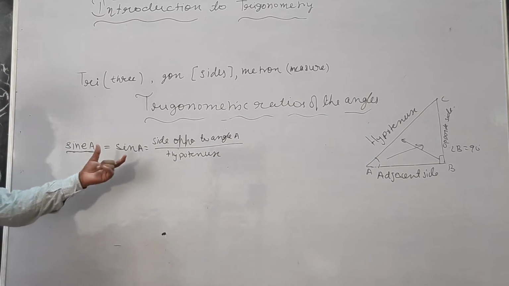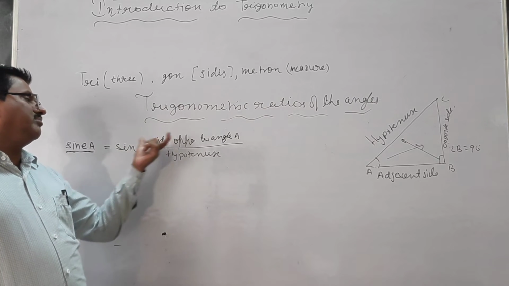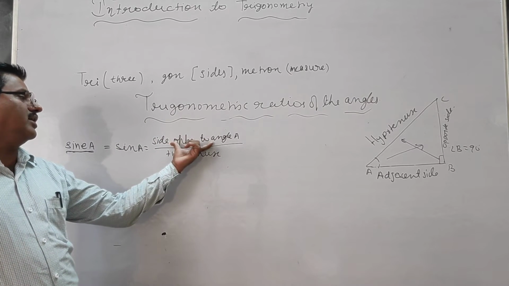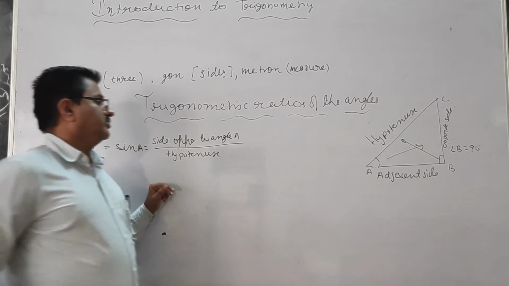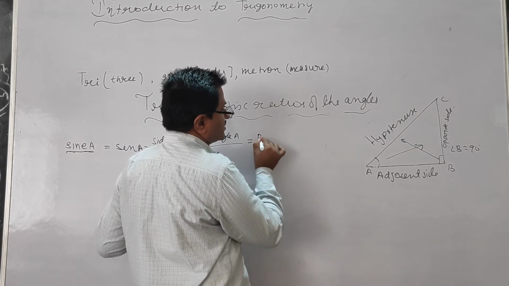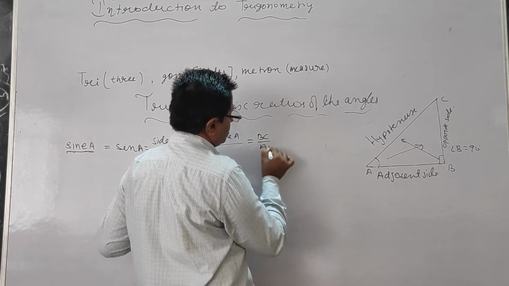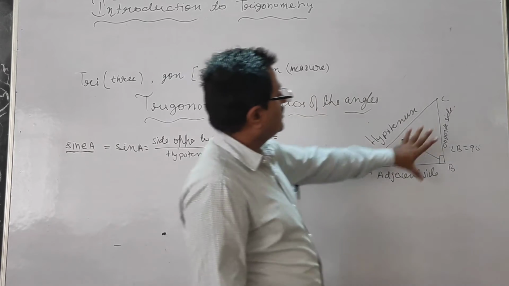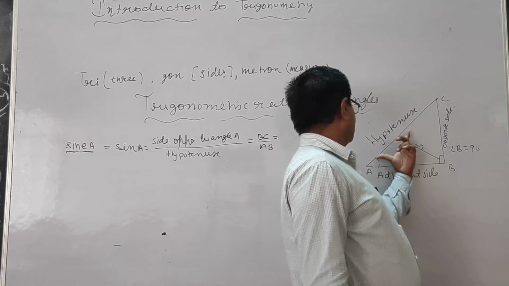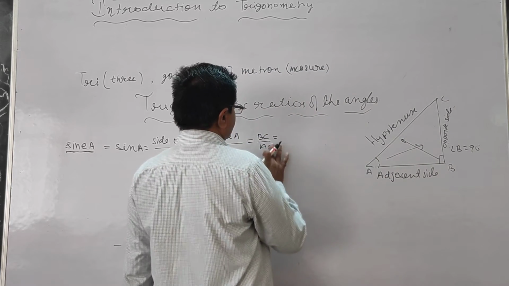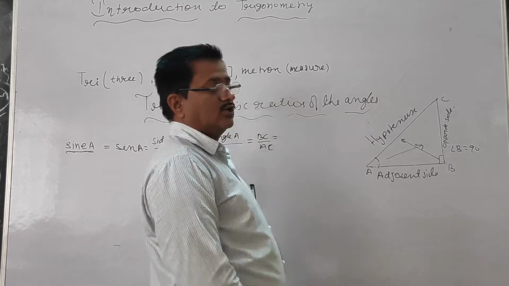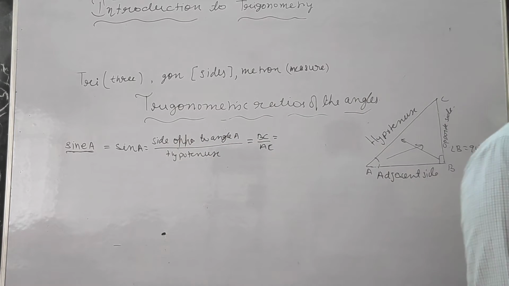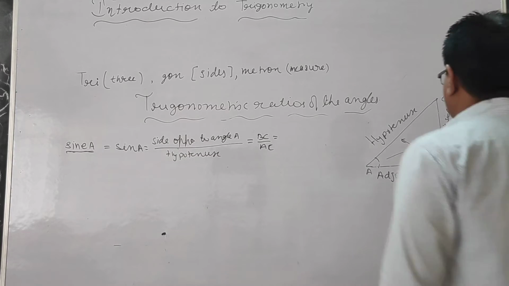So whenever you are finding sin A, that means the side opposite to angle A upon hypotenuse, which is BC upon AC. In a right triangle we have perpendicular and base.